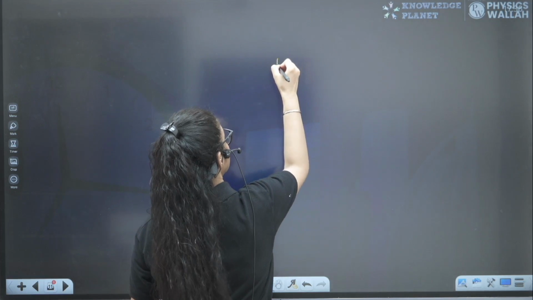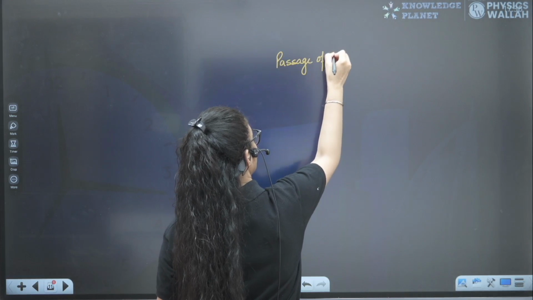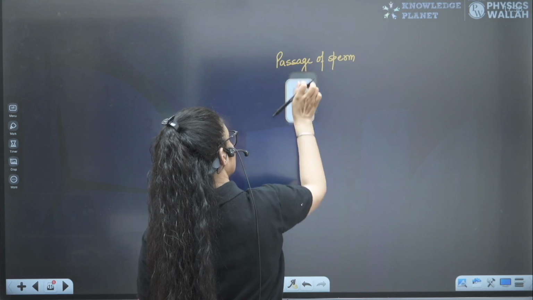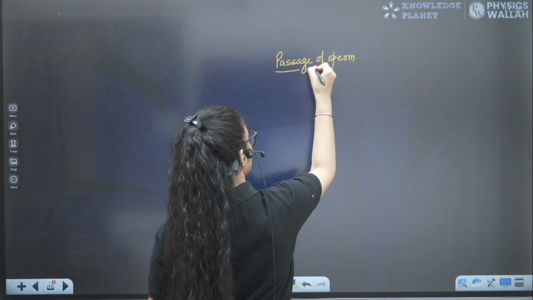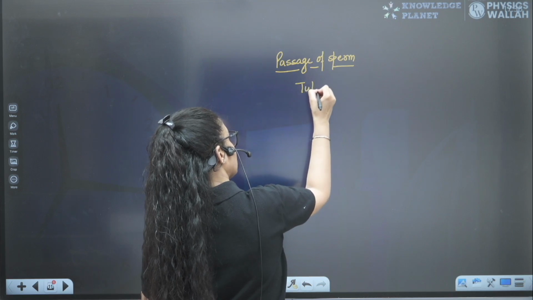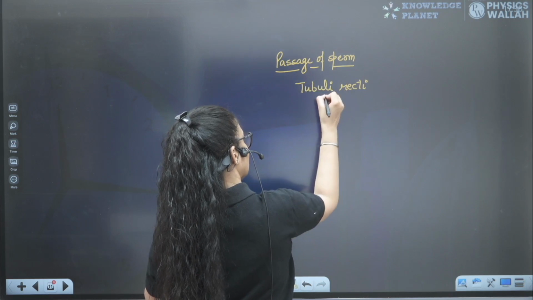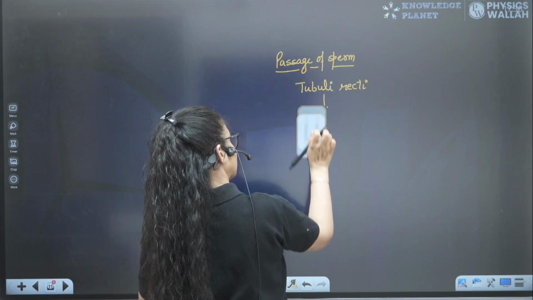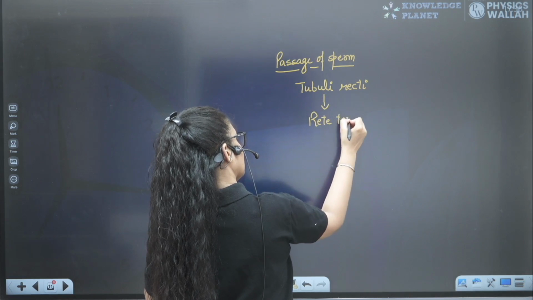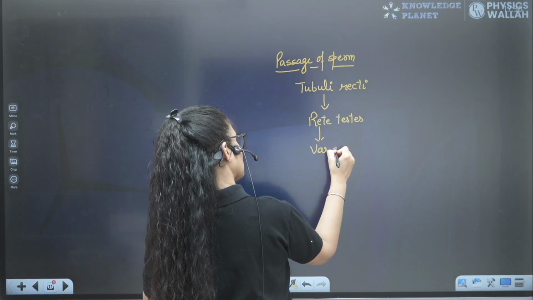Now you tell me the passage of sperm. First of all, formation of the sperm happens in the seminiferous tubule of the testes. Then it opens into the tubuli recti, recti meaning plural, which will open into the rete testis. The rete testis opens into the vas efferentia.